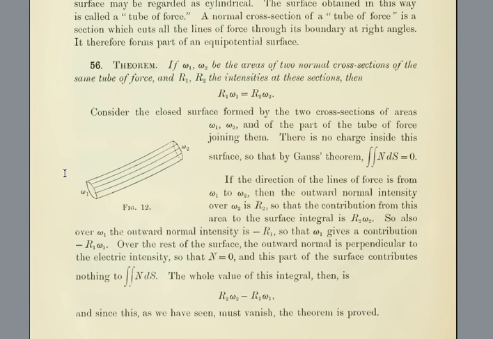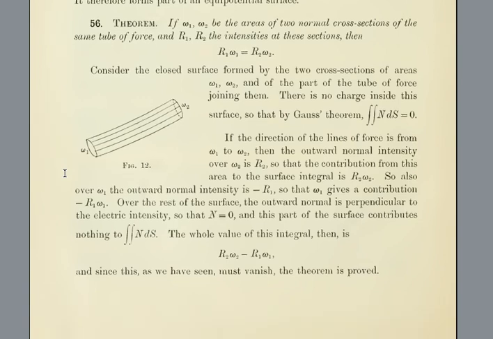If the direction of the lines of force is from omega 1 to omega 2, then the outward normal intensity over omega 2 is R2, so that the contribution from this area to the surface integral is R2 multiplied by omega 2. So also over omega 1, the outward normal intensity is negative R1, so that omega 1 gives a contribution of negative R1 multiplied by omega 1.